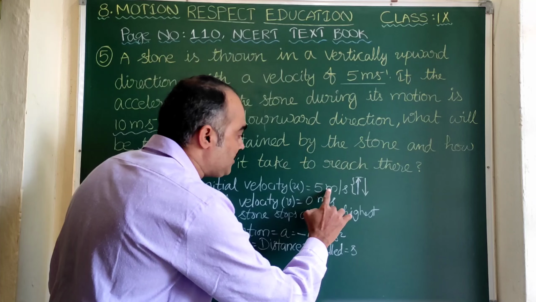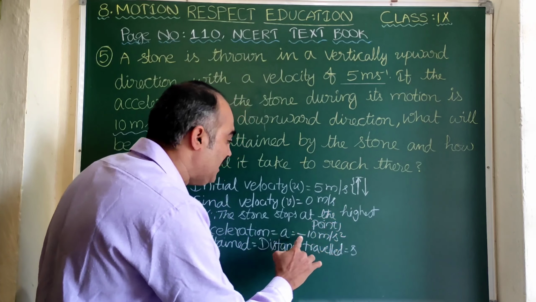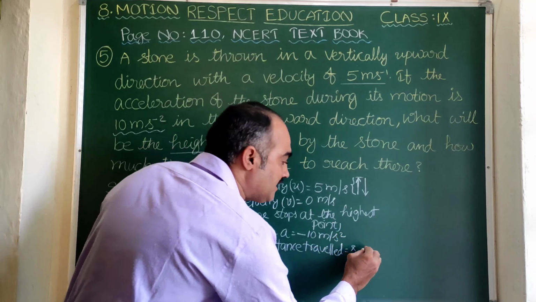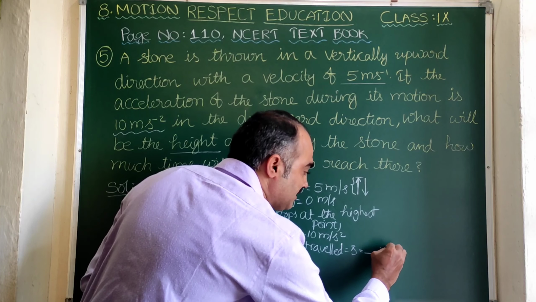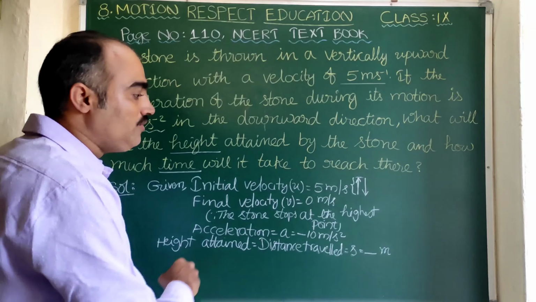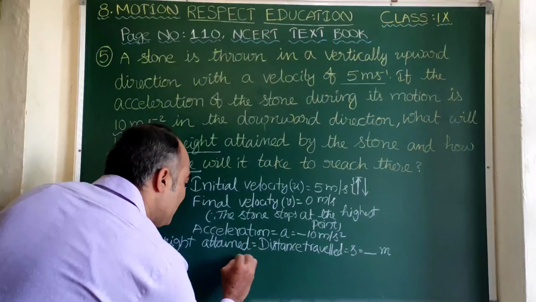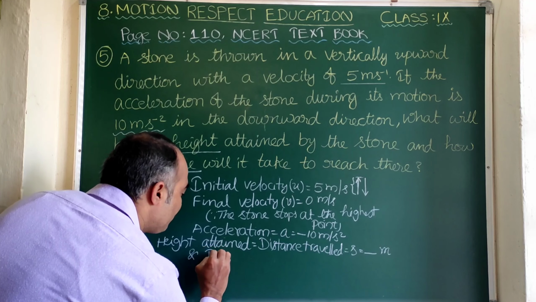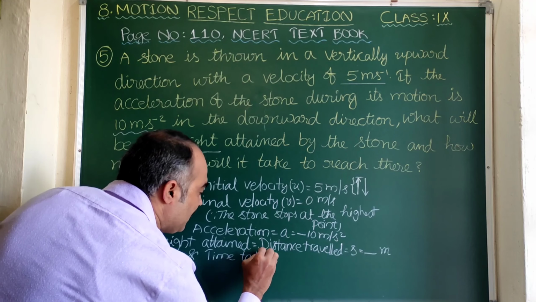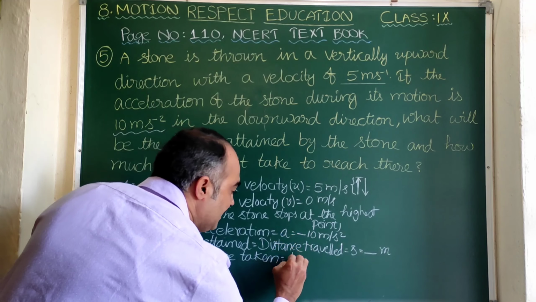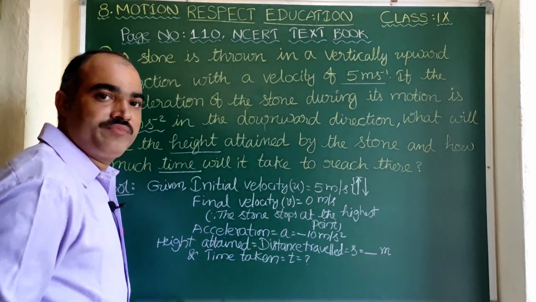Since the velocities are in meter per second, and acceleration in meter per second square, so distance will be in meters, right? And also we need to find time taken, that is t is question mark.